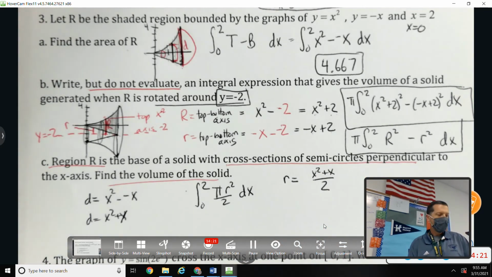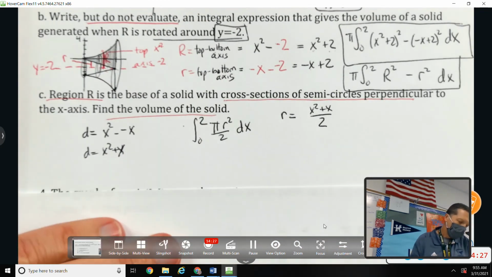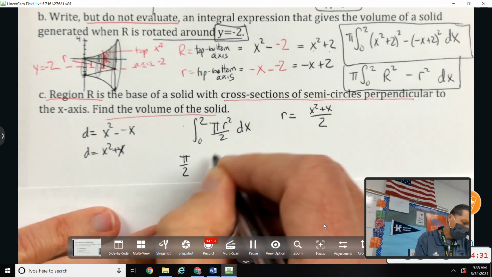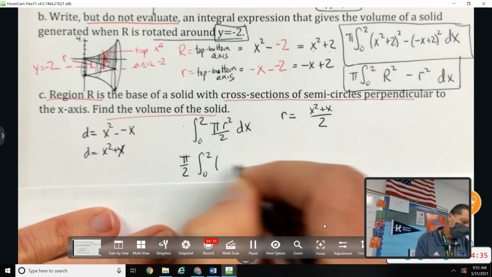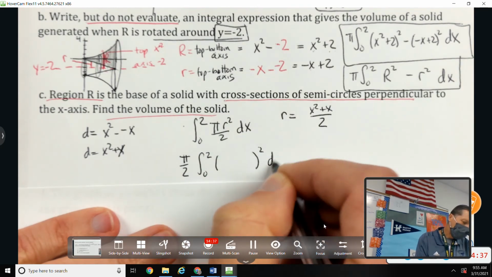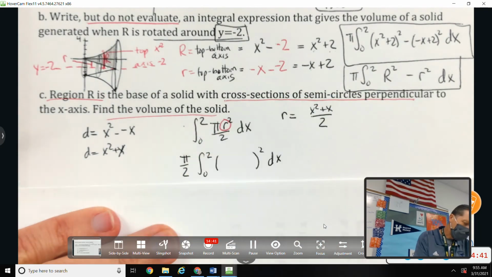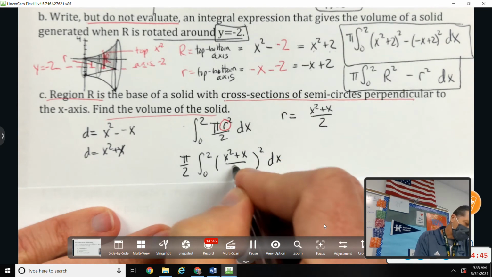And to take care of all the 2's, I'm going to put the pi over 2 out front just to make my life a little easier, so that the only thing inside there is r squared, and r is x squared plus x over 2.